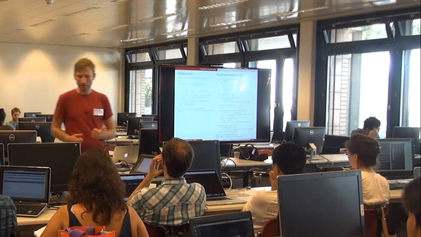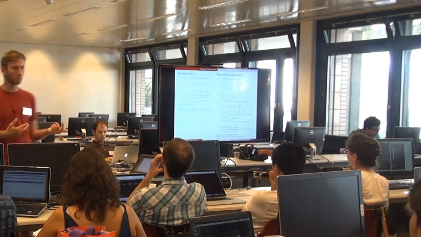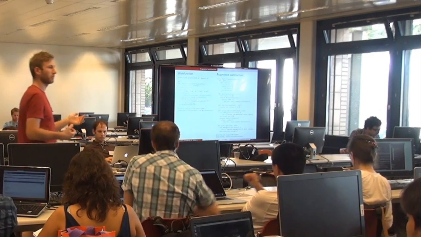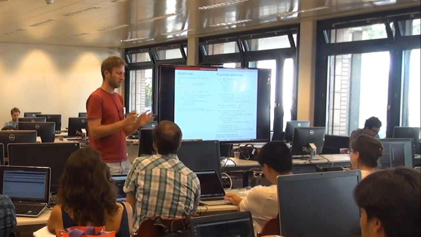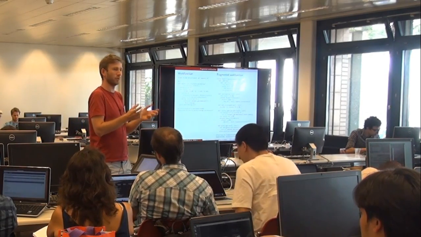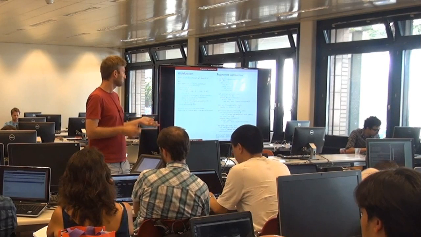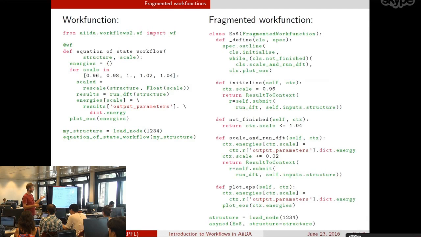So to put them side by side, and this isn't by any means the only way to code this, here are the two equation of state workflows, done as a work function and as the corresponding fragmented work function. It's not too many more lines, but there is certainly more to write. In the first instance, it's perfectly fine to just start writing work functions.